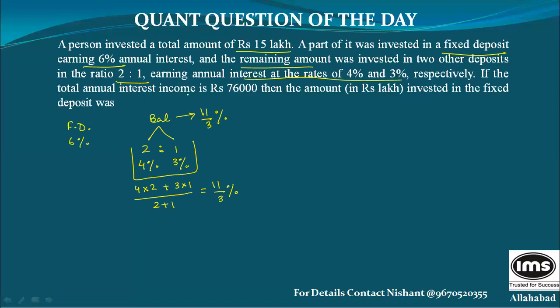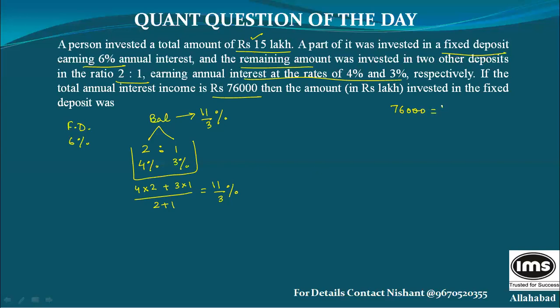If the total annual interest income is 76,000 and the investment is 15 lakh, so first of all, let us find out the rate of interest on the total investment. We can easily find it by the formula of simple interest.